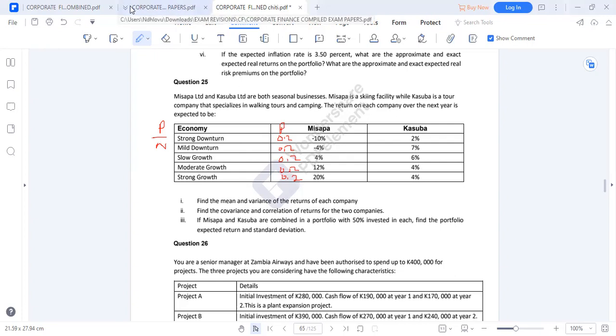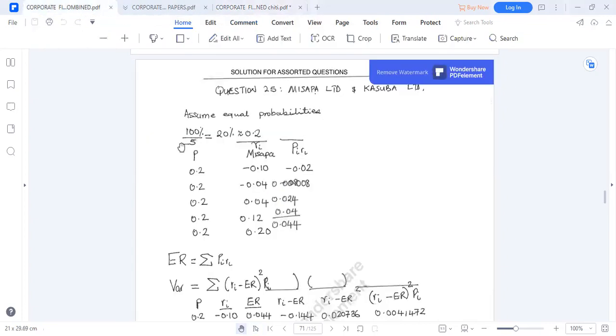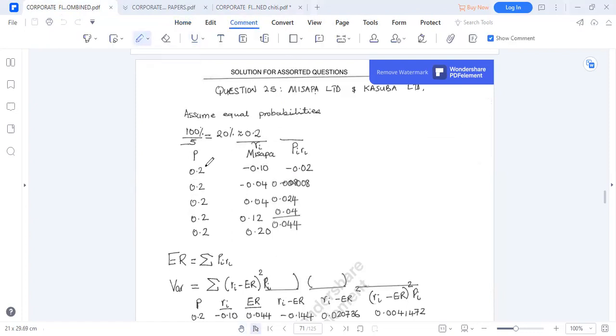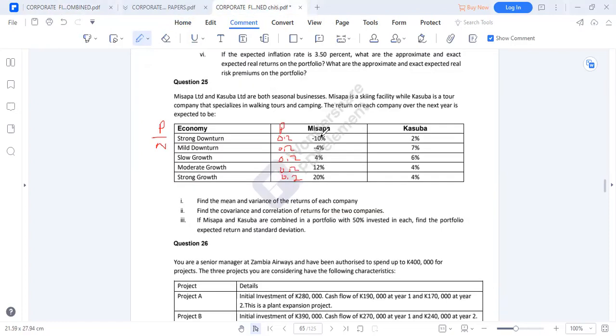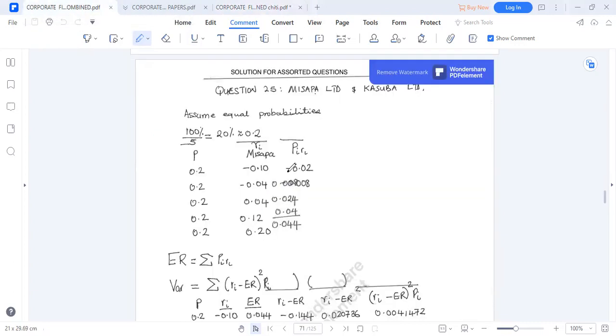As usual, this is how we calculate. After dividing 100 by 5, we get 20%, the probability for Misapa, times the return. So we multiply these. 0.2 times 10%, or 0.10, just converting them into percentages. 0.2 times 0.10, we get 0.02. 0.2 times 0.04, we get 0.008.